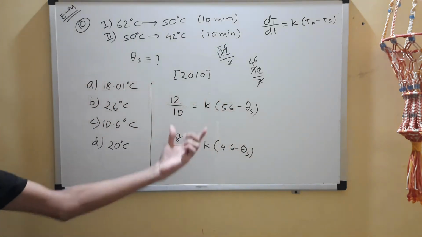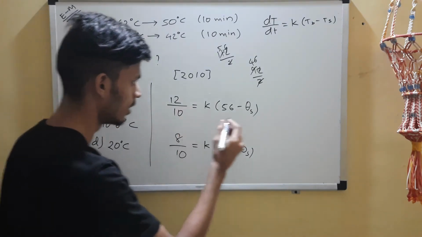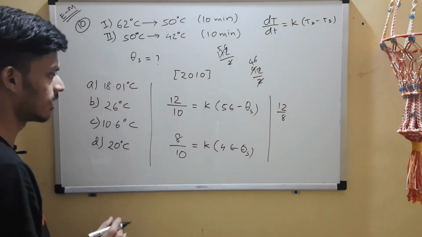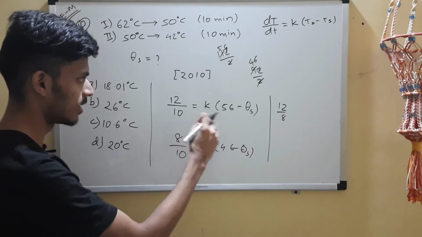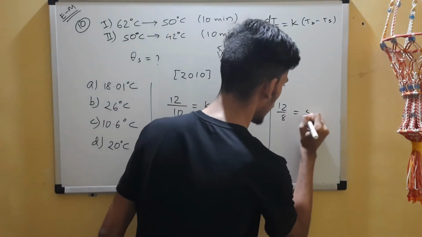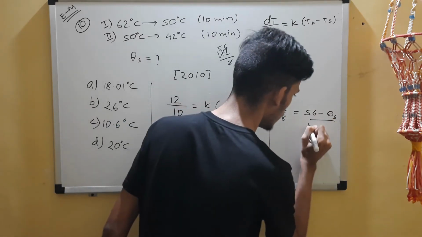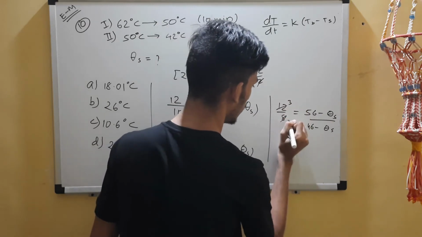What you will do, you'll just take the ratio of these two. So 10 cancels with 10 and you'll be left with 12 by 8. I'm taking the ratio, and K cancels with K, right? And here you'll get 56 minus theta S divided by 46 minus theta S. Cancel this by 4: 4 3s are 12, 4 2s are 8.